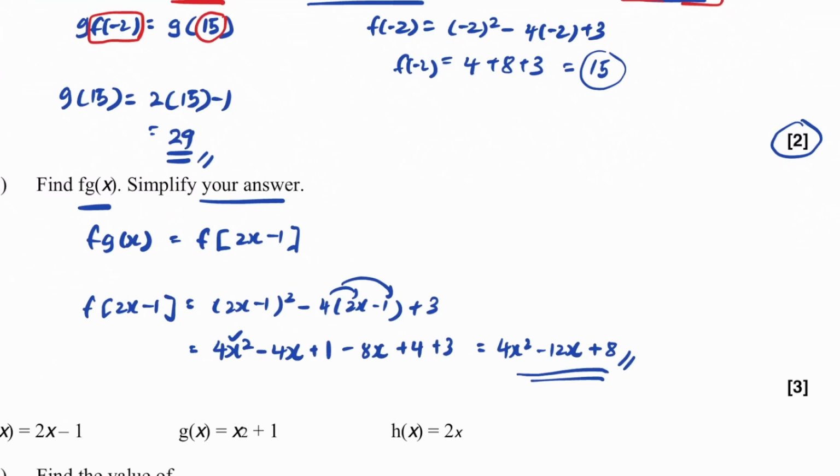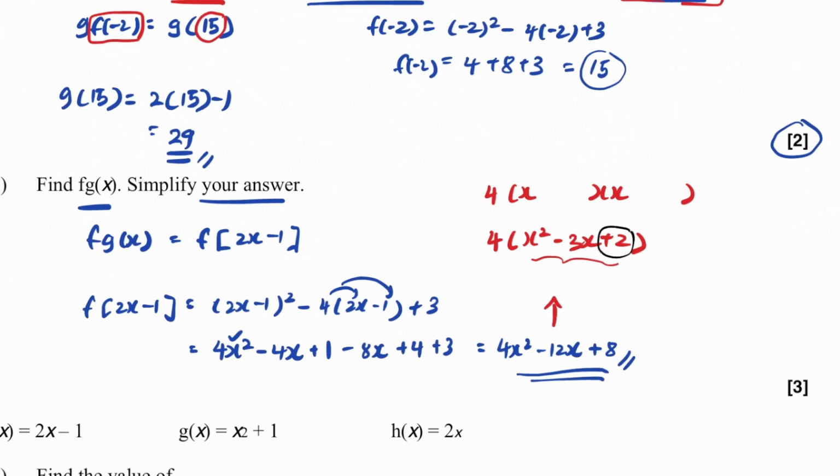Maybe we can still further simplify our answer. You can consider taking out the 4. This is just extra, whether or not you want to do it is up to you. Factorize the 4: x squared minus 3x plus 2. Now this is a quadratic expression, so you can further factorize it by trial and error.